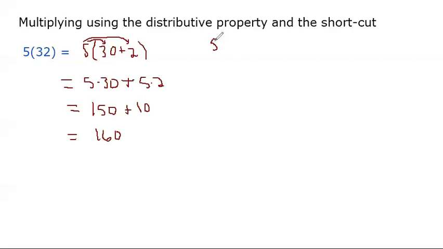What we do is, 5 times 32. What I can do is write it like this: 32 times 5. This is what y'all are probably familiar with. But this is still distributive property, because you're still multiplying the 5 through both pieces. But this organizes it quicker, because 5 times 2 is going to be what?